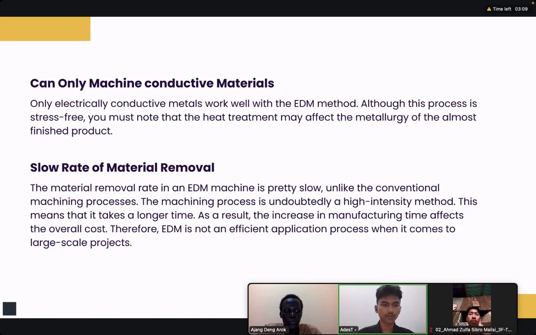Then, slow rate of material removal. The material removal rate in EDM is pretty slow, unlike conventional machining processes. The machining process is undoubtedly a high intensity method. This means that it takes a longer time. As a result, the increase in manufacturing time affects the overall cost. Therefore, EDM is not an efficient process when it comes to large-scale projects.